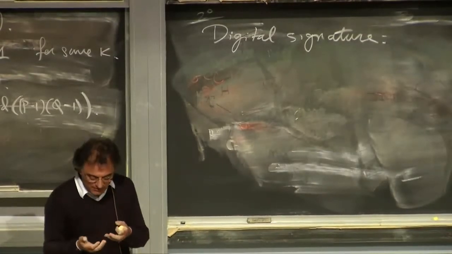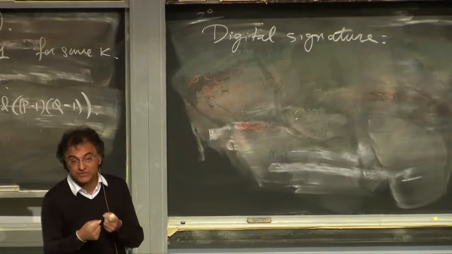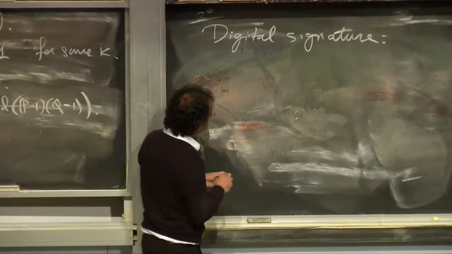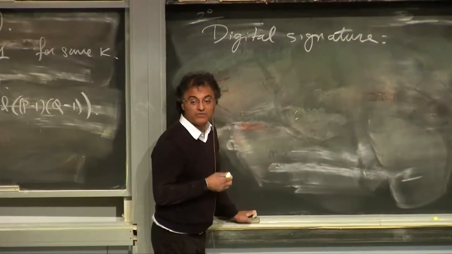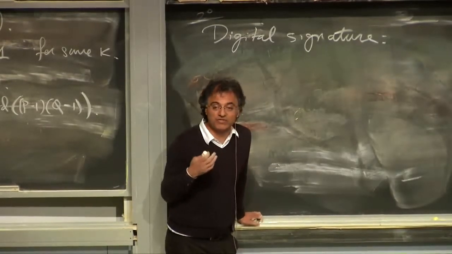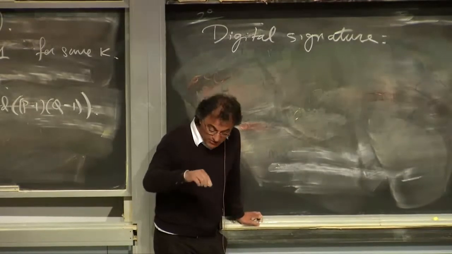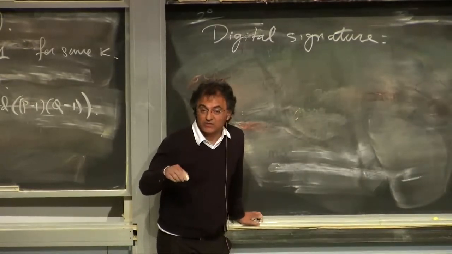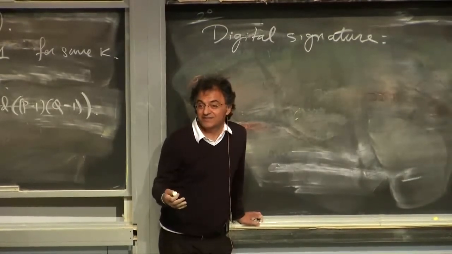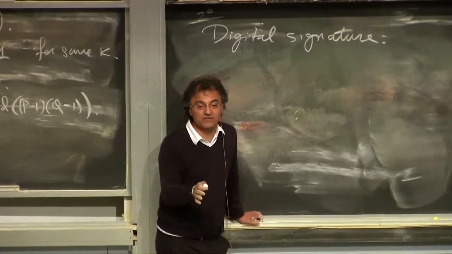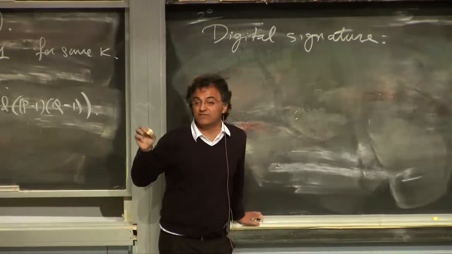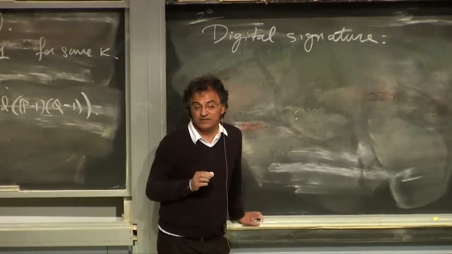Once you start thinking about how to use it, there are many possible uses of it. One of the uses is, suppose you have a document and you want to sign it. What's the property of a signature? When you put your signature on a document, you're attesting to the fact that you've agreed to this document, and your signature makes sure that nobody else could have forged it.